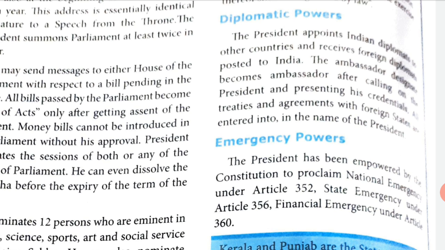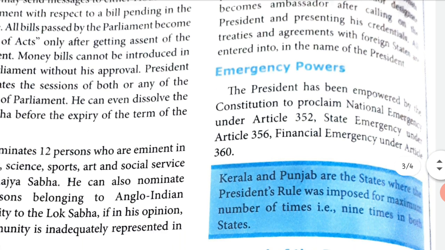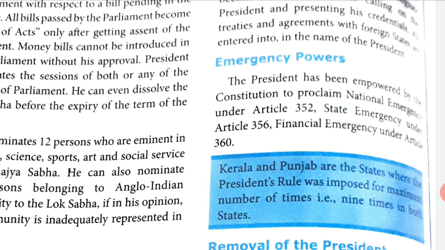So every treaty, meaning every agreement or rule that is signed, will carry the name of the President. Emergency powers. The President has been empowered by the Constitution to proclaim a national emergency. We have already learnt this. So if there is some emergency, then the President can proclaim it. National emergency is under Article 352, state emergency under Article 356, and financial emergency under Article 360.